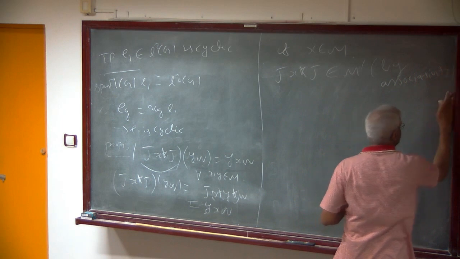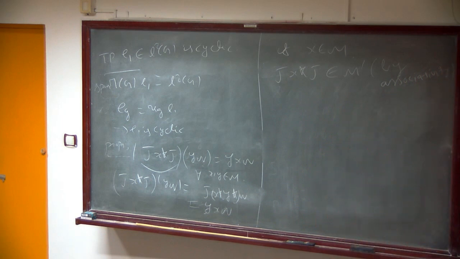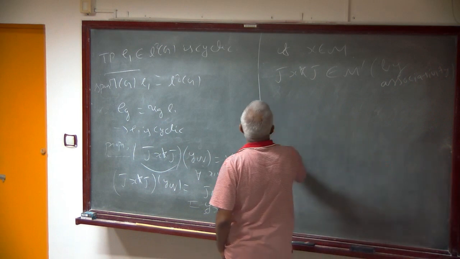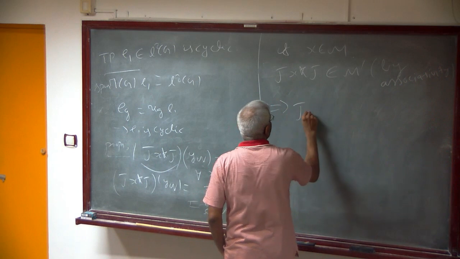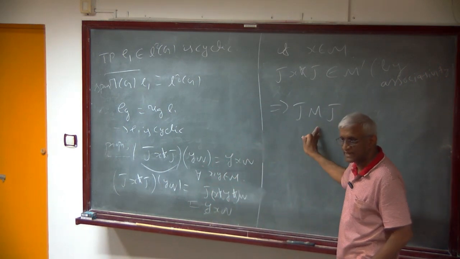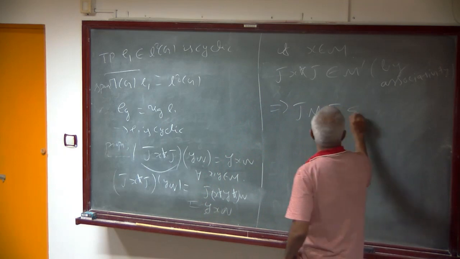That's all. It's just associativity. So this implies j M j is contained in M prime.